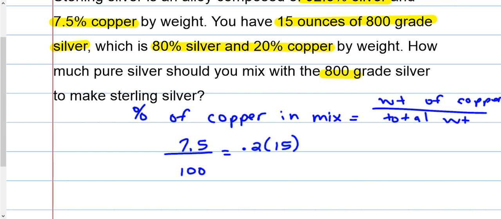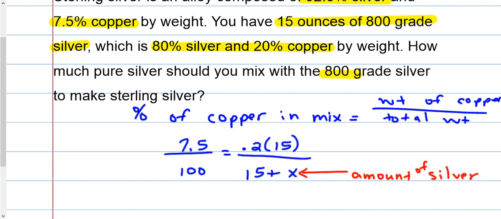And then I'm going to divide that by my total weight. So that total weight is going to be the 15 ounces plus X, where X is the amount of silver we add.